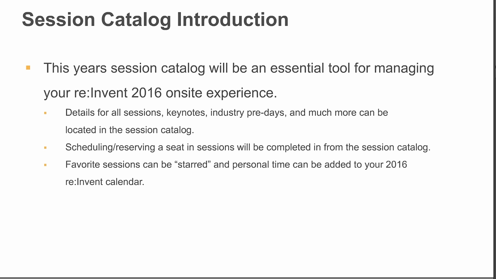Unlike previous years, the session catalog was used for creating a favorite list and coming up with items that you may be interested in attending from a session perspective. It looks like, based on some of the polling questions that we asked early while everyone was in the waiting room, that about 70% of people on the webinar may be at reInvent for the first time.